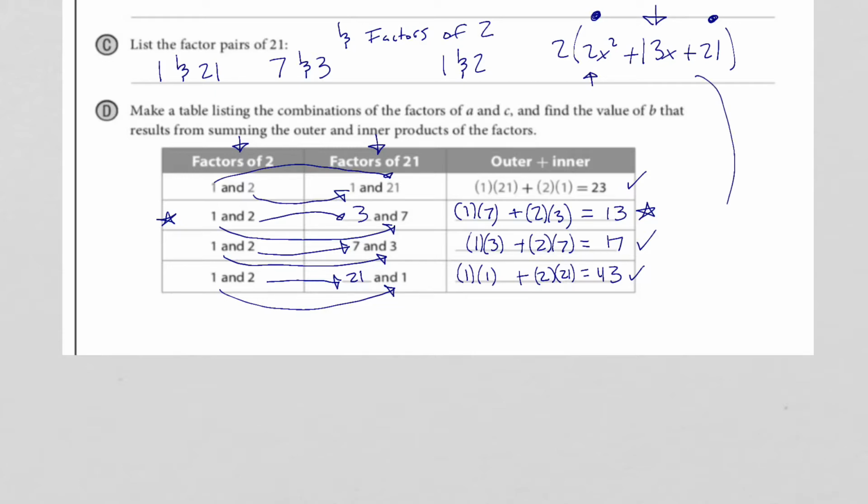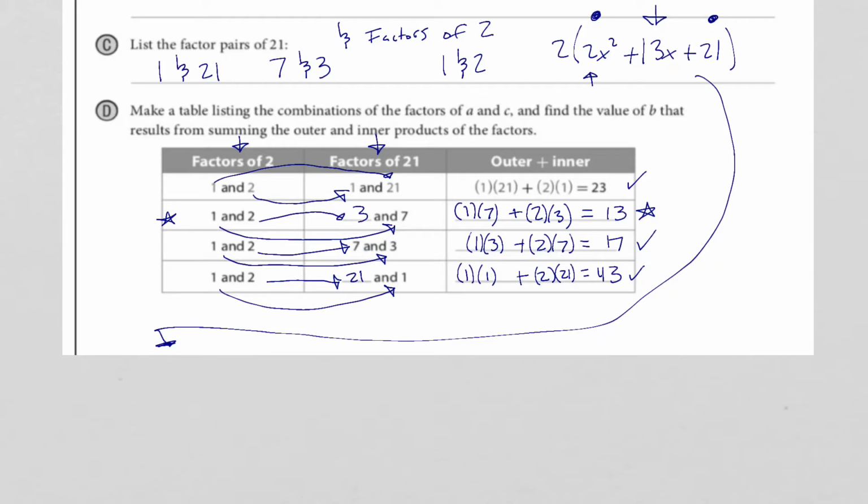This 2x squared into basically the component parts. We've determined that 1 and 2, and 3 and 7, these are the factors we should use. So bear with me a moment.